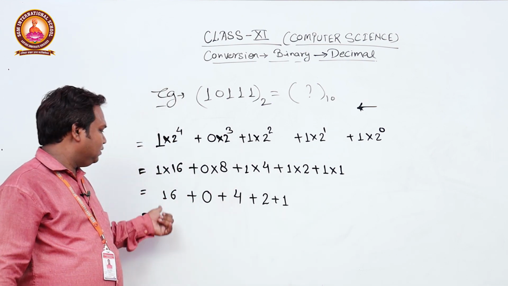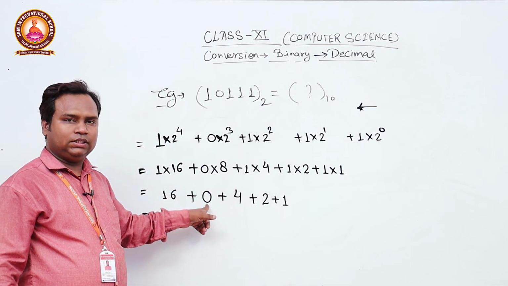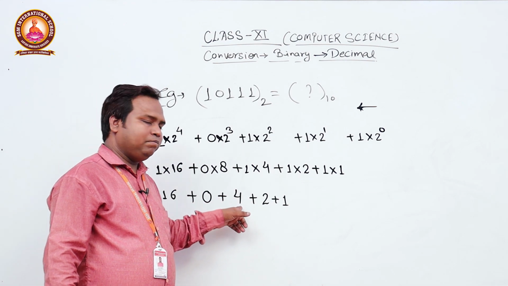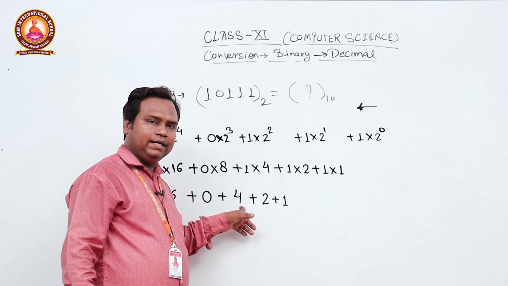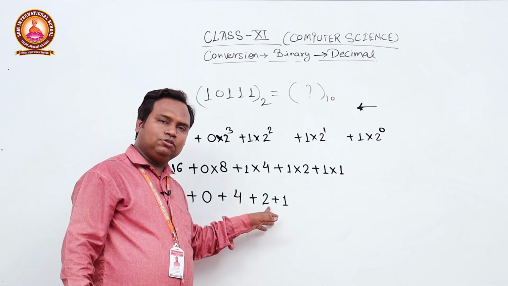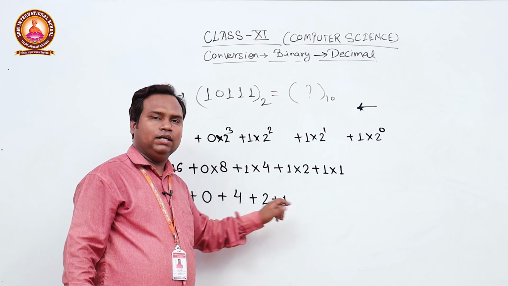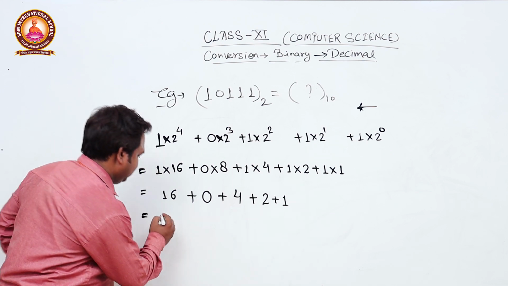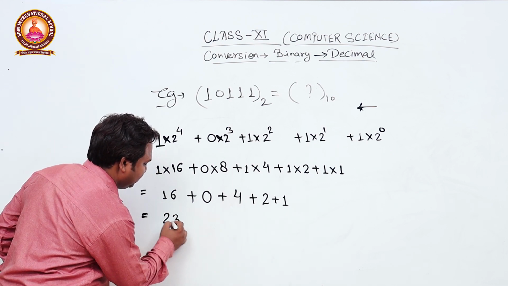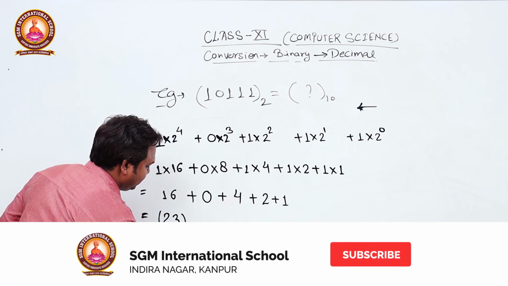Check it again. 16 plus 0, 16, plus 4, 20, plus 2, 22, plus 1, 23. The answer is 23.